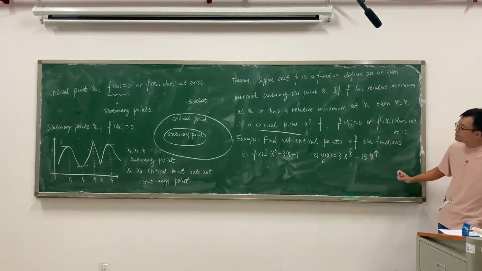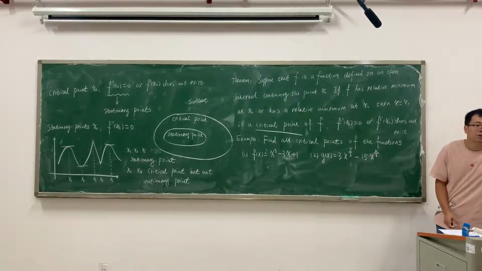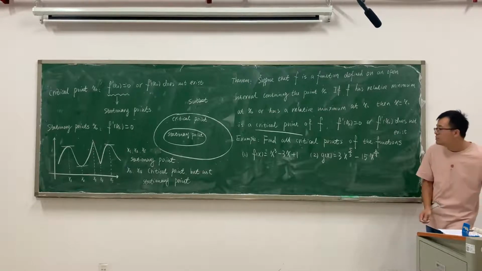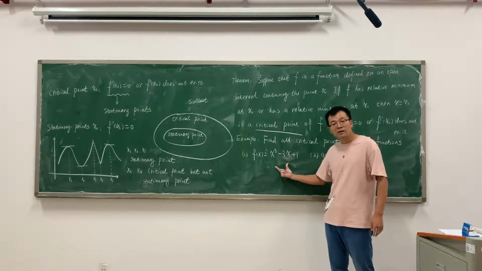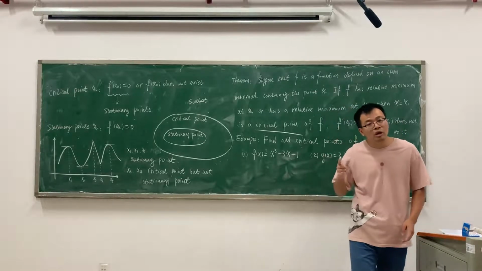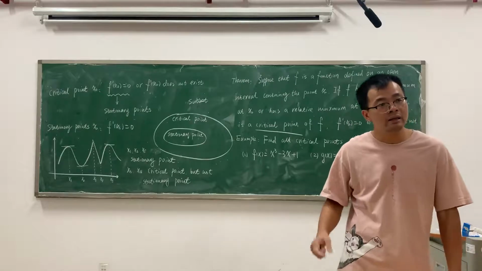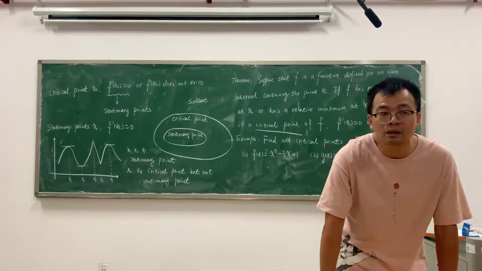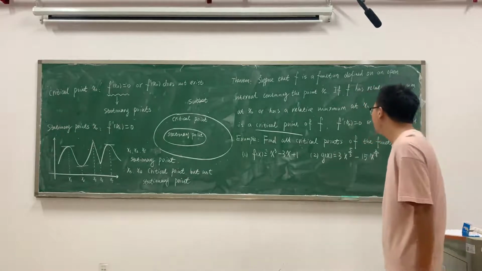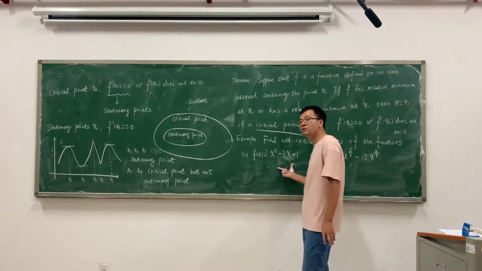Here it means you need to find the derivative, let the derivative equal to 0, and find where the derivative does not exist.